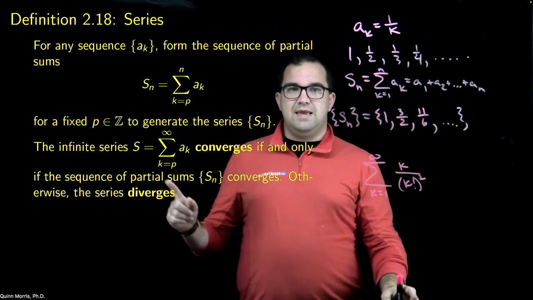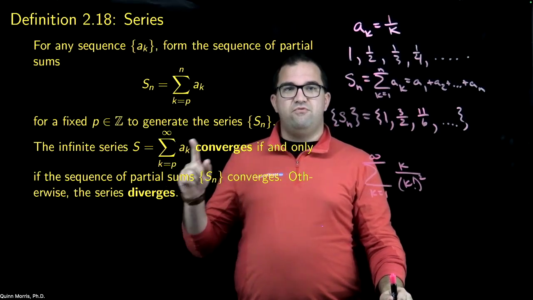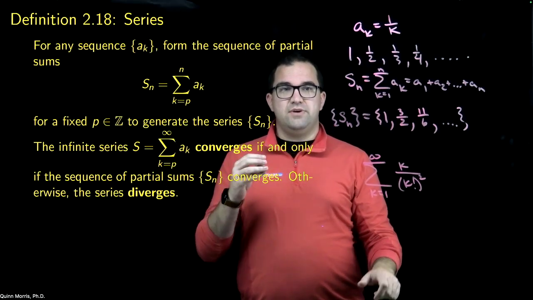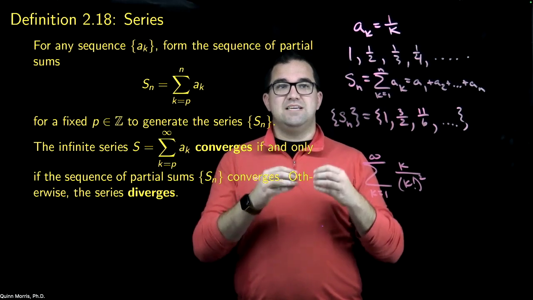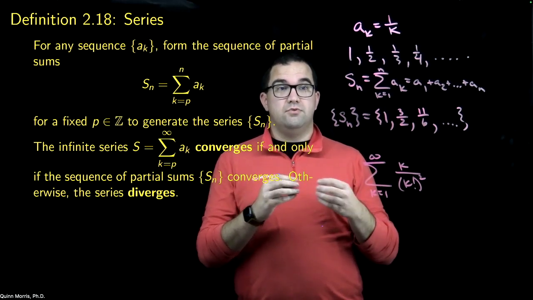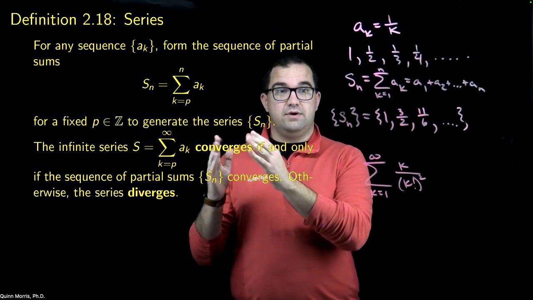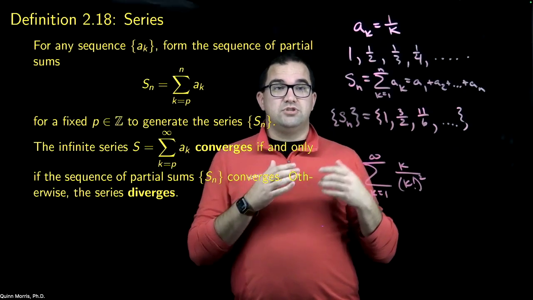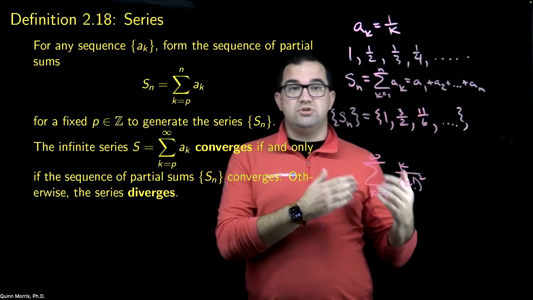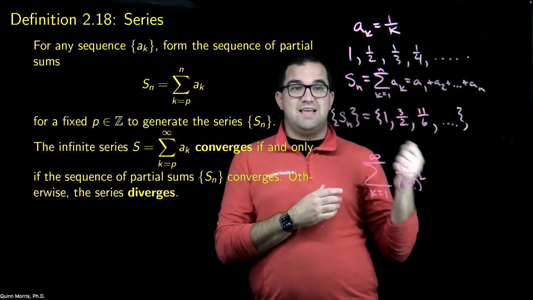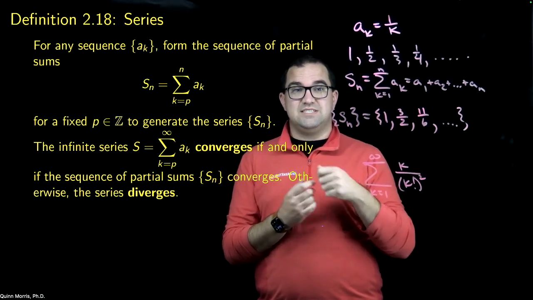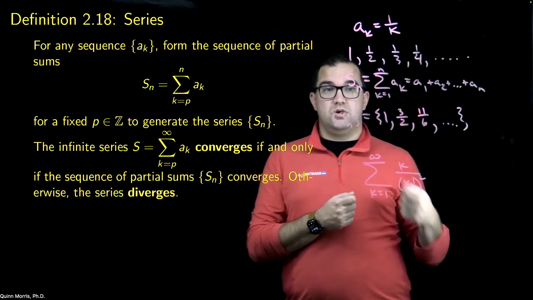So while we think about them as this infinite sum, formally the series is identified by the sequence of partial sums. So the sequence of partial sums really is the series. And understanding whether a series converges or not is then the same thing as understanding whether the sequence of partial sums converges.